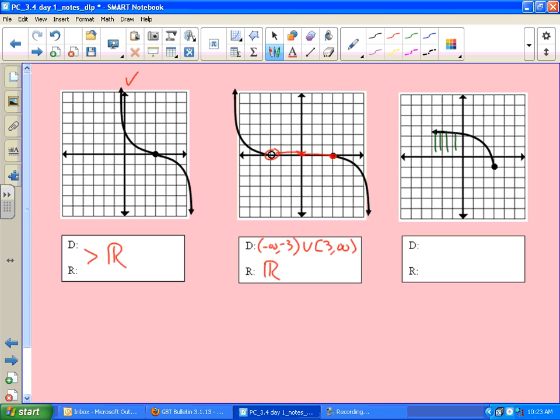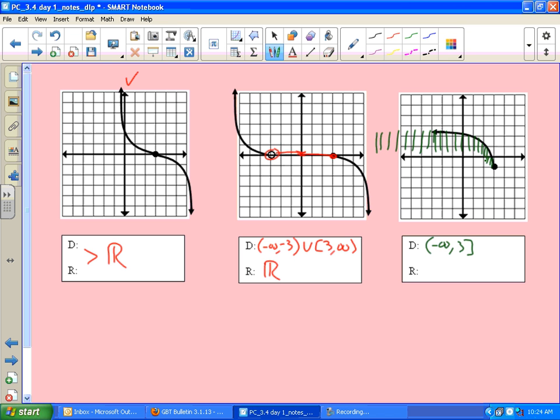I'm taking all the points on this graph and I'm drawing them down or up to the x-axis. So what's going to work for this thing? Well, I don't need to do the -1 because that's a y value. I'm just talking about the x values. So I'm going to go from negative infinity to 3. Those are all the x values that we find.